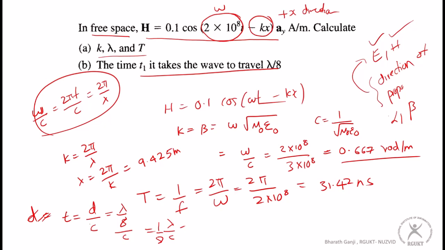And of course, lambda by c is nothing but the time period. You get time period by 8. So you know the time period, you divide it by 8, you will get an answer like 3.927 nanoseconds. So that is how we solve this problem.